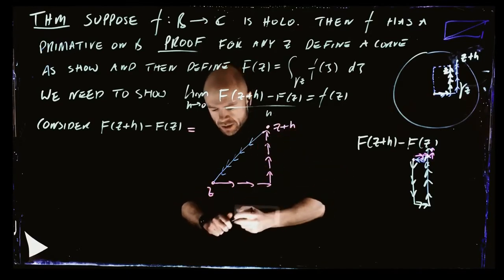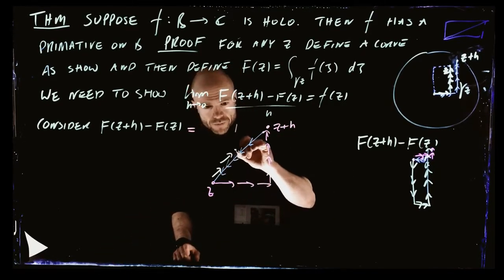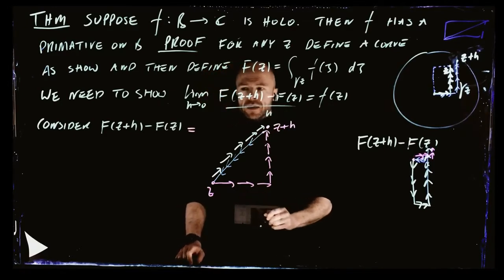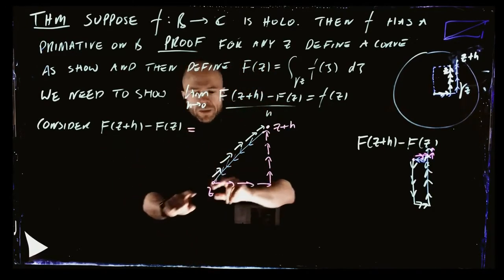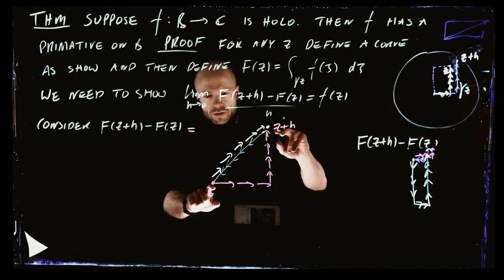And minus this blue side is the same as going in this direction. So what this picture just shows us is that actually this quantity is the same as directly integrating from z to z plus h in a line.